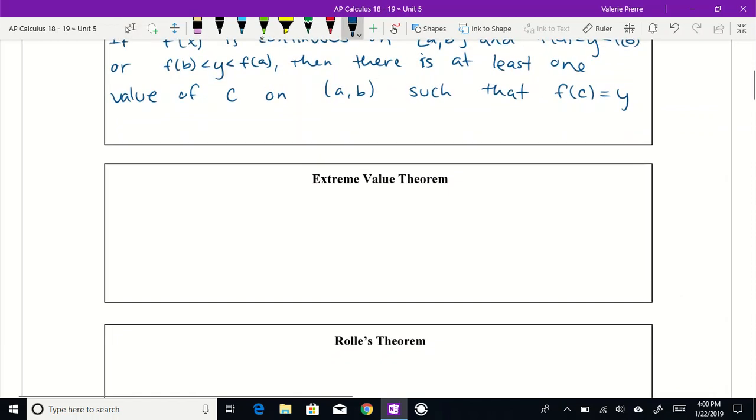Extreme value theorem, in other words, EVT.